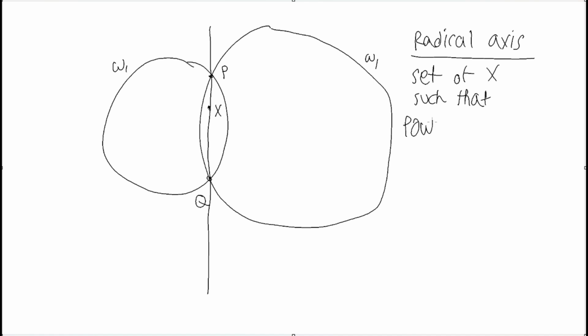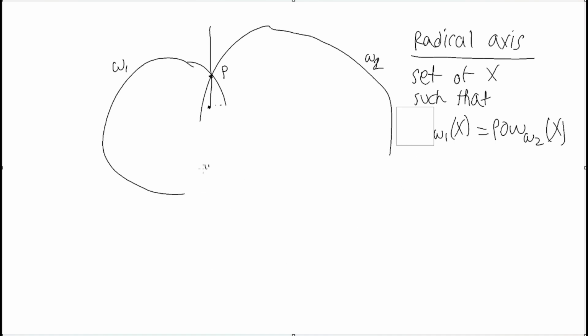So power with respect to omega 1 of X is equal to power with respect to omega 2 of X. So, for example, the radical axis consists of all the points on the line PQ in this example. And if we have a point X out here, then this is not on the radical axis because the power with respect to omega 1 and omega 2 here are not the same.